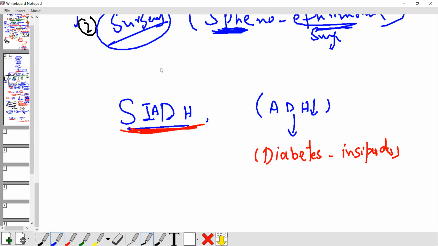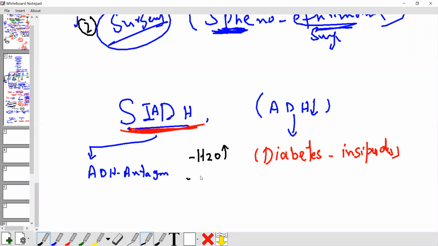Understand? If you have a very high level of ADH, what type of drugs do we need here? We need ADH antagonists. What's going on in your body if you have a very high level of ADH? The kidney absorbs too much water. Water increases.